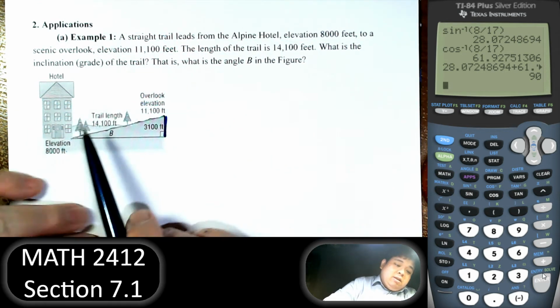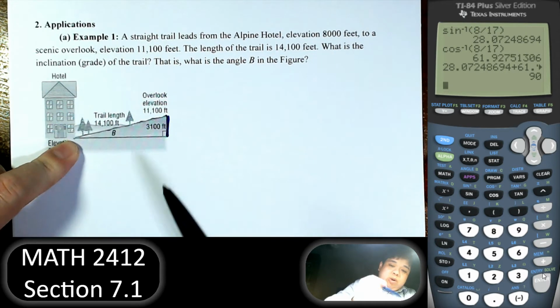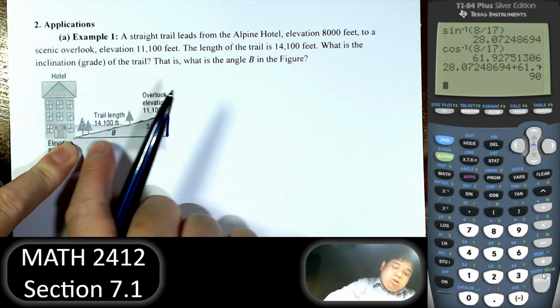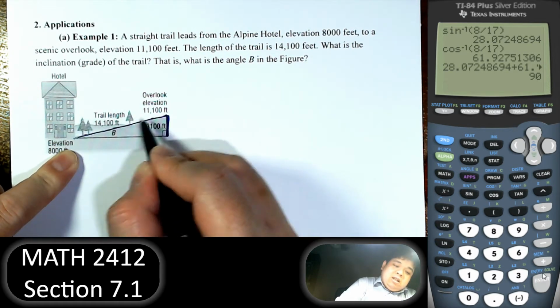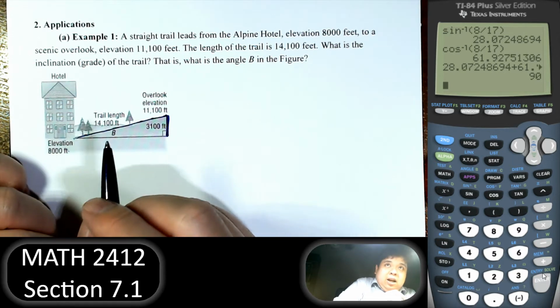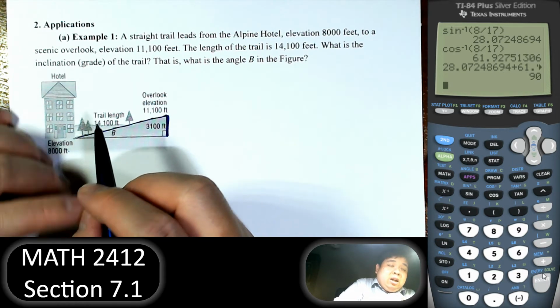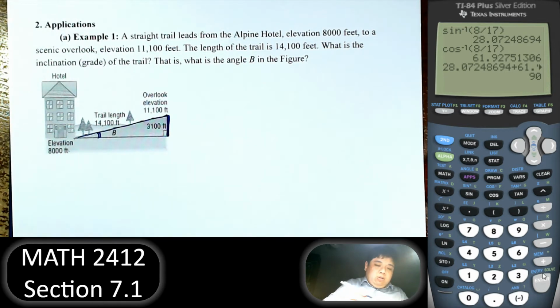And then the distance from the hotel, if we walk on the trail, it's a straight trail. So we're not going up and down, we just go straight. Assume that it is perfectly straight. That distance is 14,100 feet. The question is, what is the inclination? So they're asking for angle B. So let's draw the triangle again.